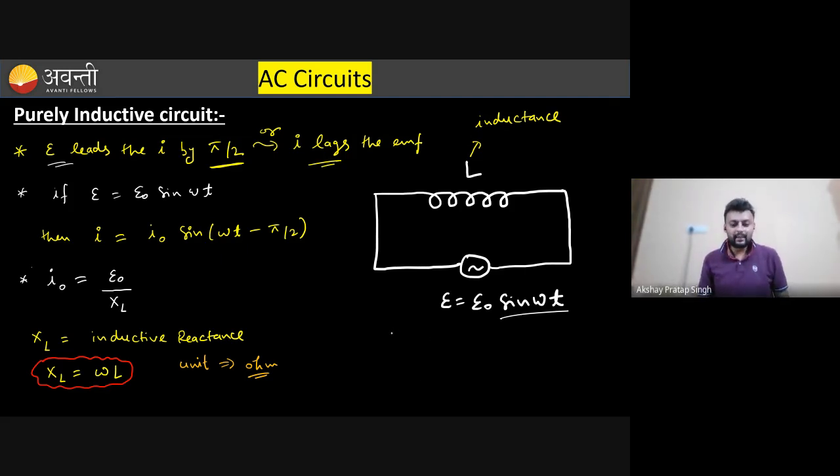It is ohm. Now, as you see the unit, it means it is resistance. And if it is resistance, then there is one more conclusion, that this resistance depends on the frequency of the source. That means this is not the normal resistance. Higher the frequency of the source, higher is the resistance.